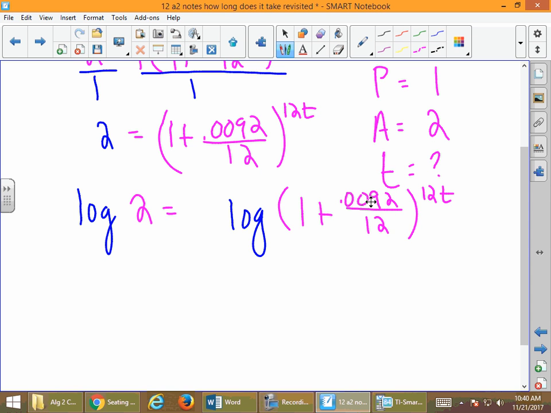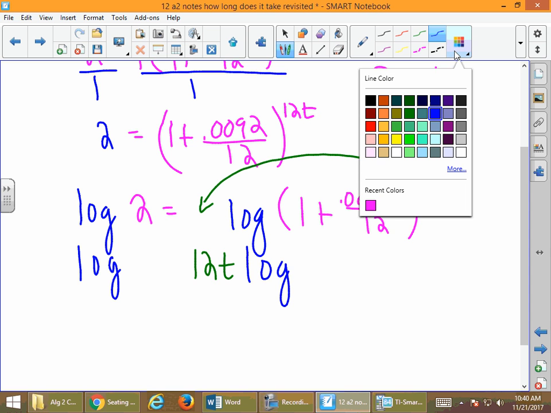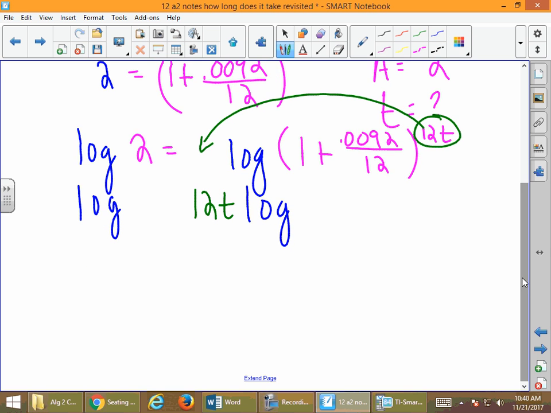Well, our next step is to deal with that power property. We're going to take this 12t. I'm going to write it out here in front. So it's going to be 12t times our logarithm. Again, the hardest part on this problem is writing out the work. 1 plus 0.0092 divided by 12.